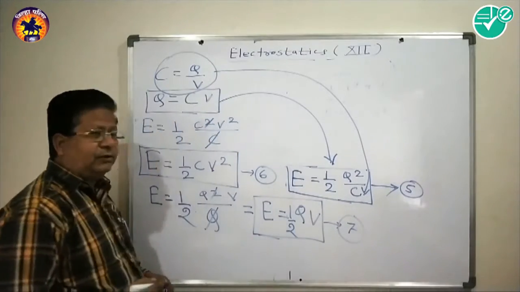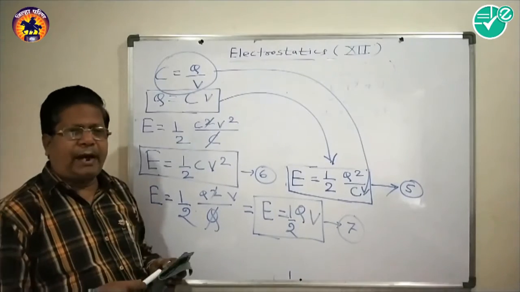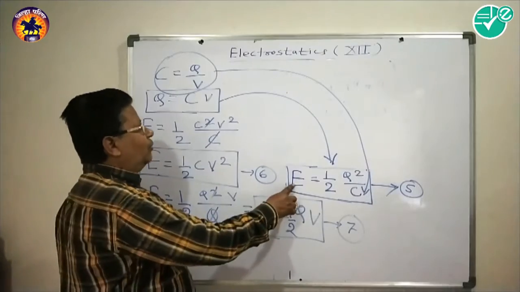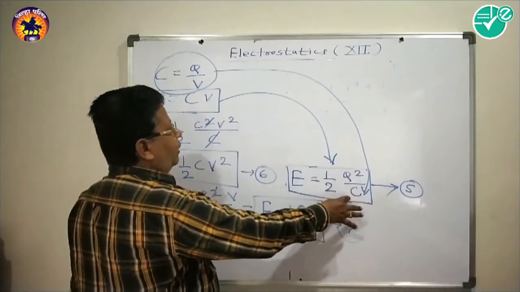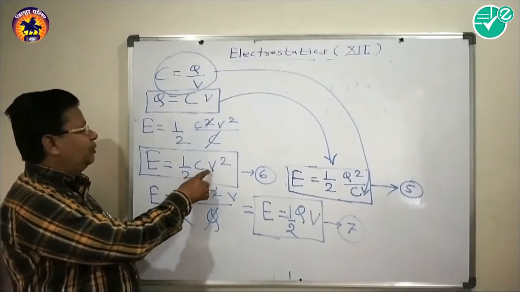So there are three different forms of energy stored by the charged capacitor. One is E is equal to 1 by 2 Q square by C. Second one is E is equal to 1 by 2 CV square.